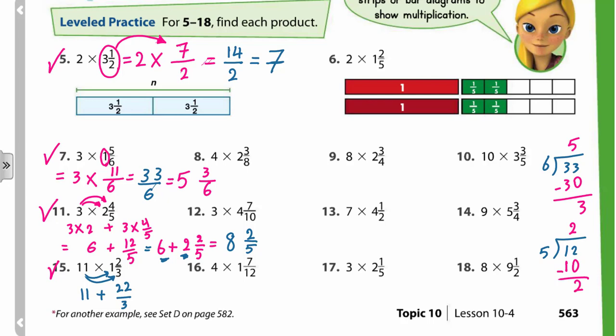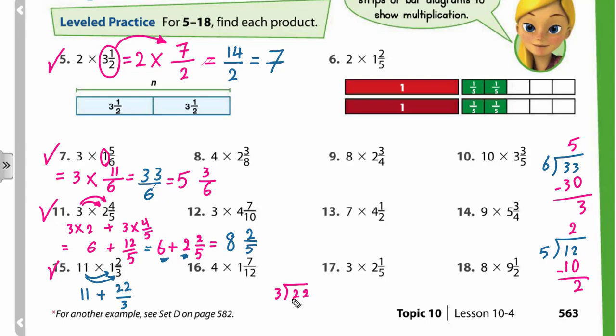Okay, now 22/3. Let's convert it. I will write it here. It will be 22/3.